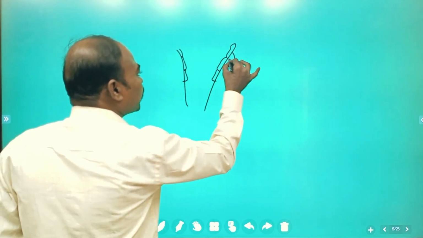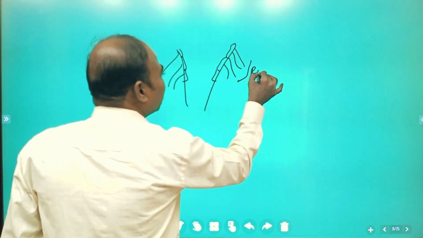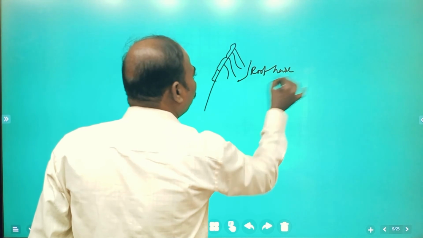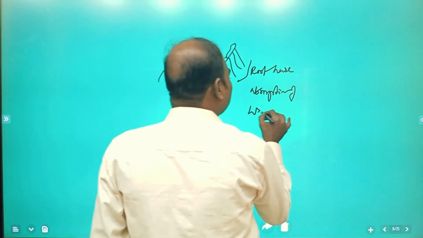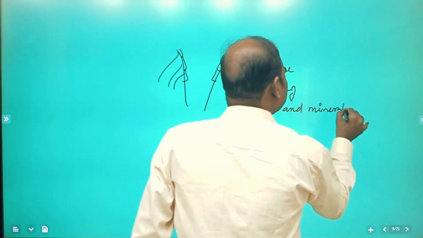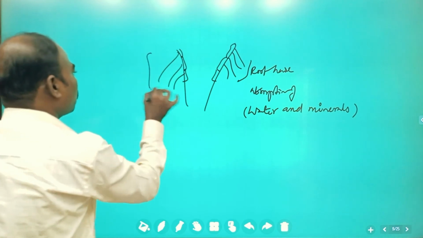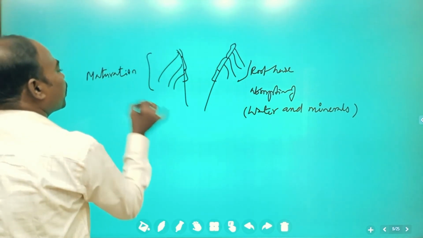These are exogenously developed. The root hairs are useful for absorption of water and minerals. This was developed from the region of maturation.